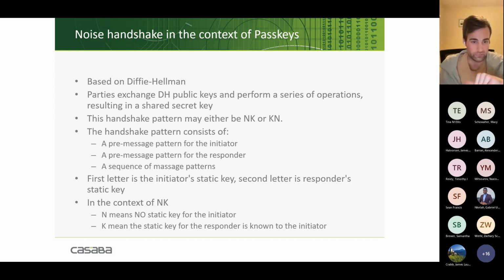So it's a pre-message pattern for the initiator, a pre-message pattern for the responder, and a sequence of message patterns. The first letter, N or K, is going to refer to the initiator's static key. The second letter is going to refer to the responder's static key. So NK really just means no static key for the initiator, and the K in this case means the static key for the responder is known to the initiator.